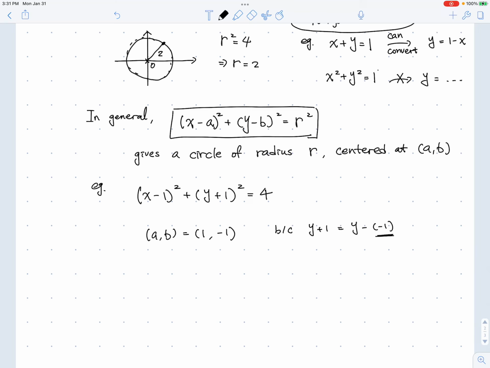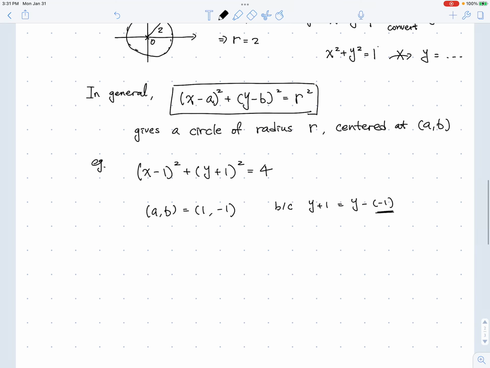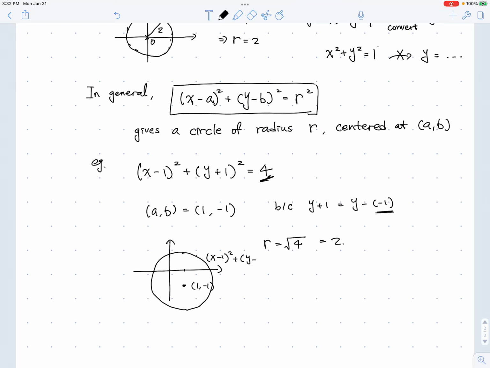Hence, the b part would be the number negative 1. So if I'm going to sketch this circle, I'll first find the point (1, negative 1) as the center of the circle. And then because r is equal to the square root of the constant 4, which is equal to 2, all points on this circle satisfy (x minus 1) squared plus (y plus 1) squared equal to 4, like that.